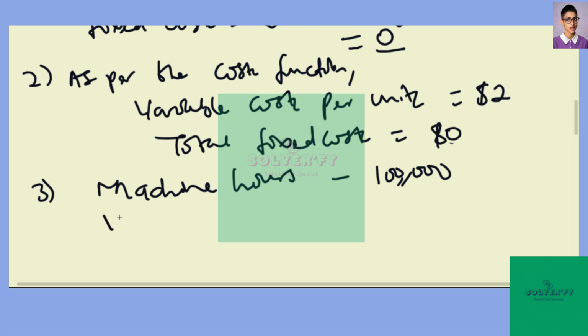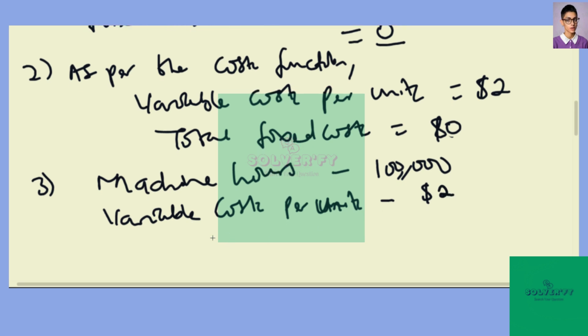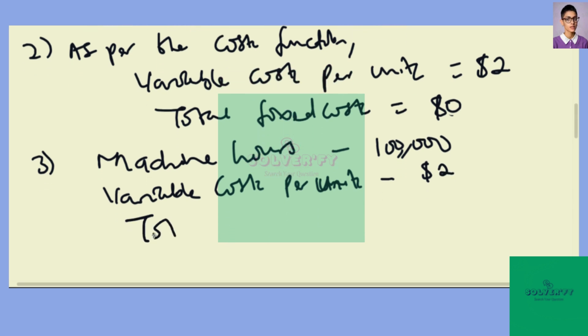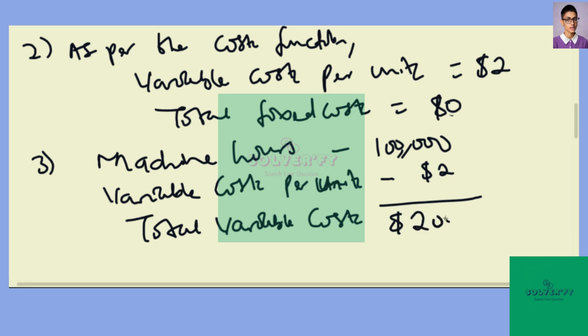And the variable cost per unit, as we found, is $2, right? And therefore the total variable cost will be to multiply this by this, and that's 200,000.